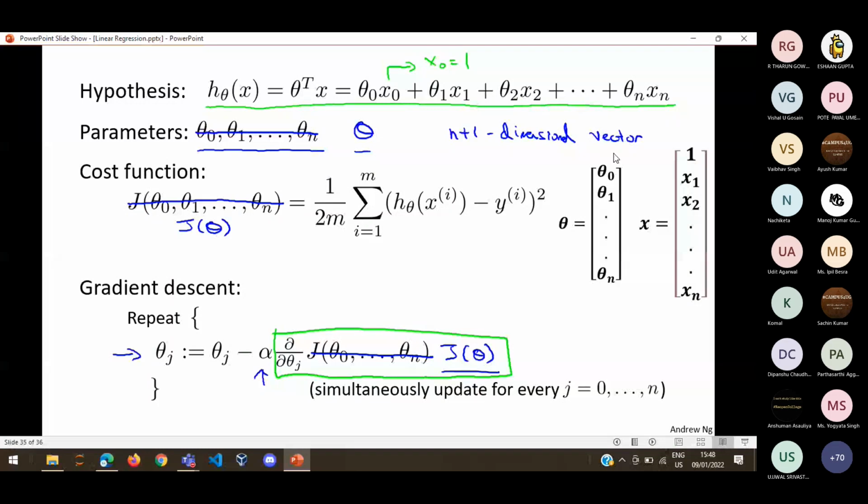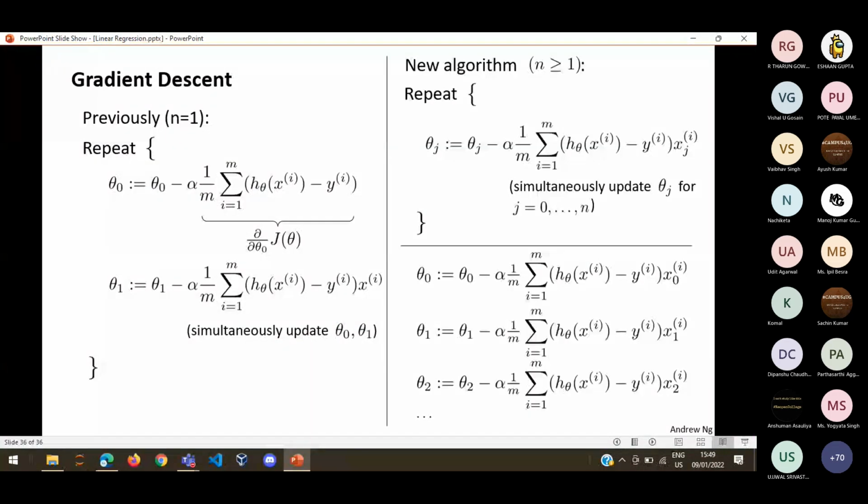And then your gradient descent step will also be updated. Previously, when the line was passing through the origin, theta naught was 0, so you only updated theta 1. Now I assume theta naught is not 0.